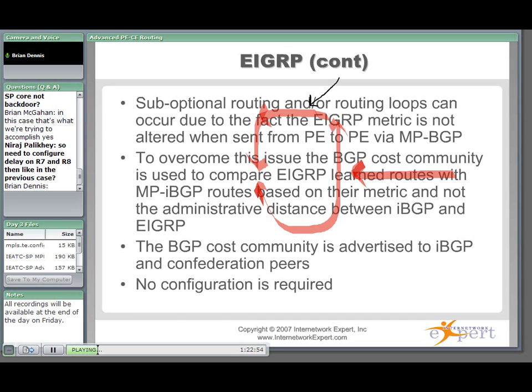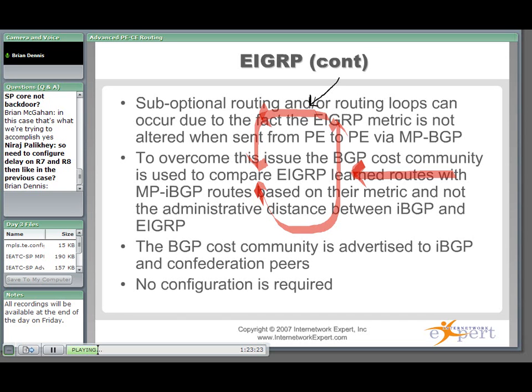All right, and this is why when we change the metric on the backdoor link, the route installed in the routing table on the PE routers was a BGP route. So the EIGRP route was gone, and now it was a BGP route. We saw that earlier. Before, R6 had an EIGRP route to R7 to get to R8 to get to R7's loopback.